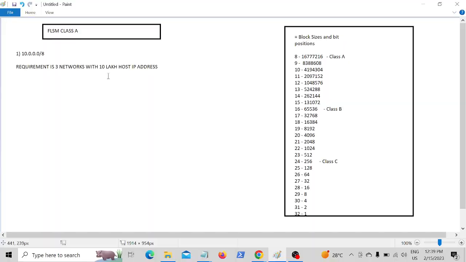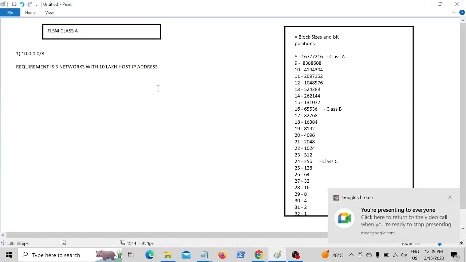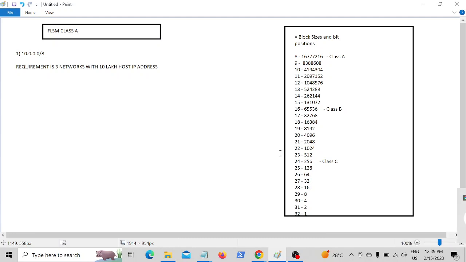For 10 lakh, which will be the best bit position and block size? As I told yesterday, it should be about 10 lakh, because one will go for the network address and one for the broadcast address. We can choose 12, which gives 10 lakh 48,576.